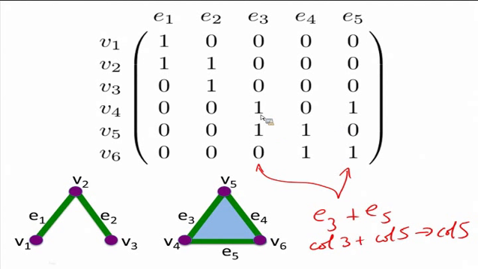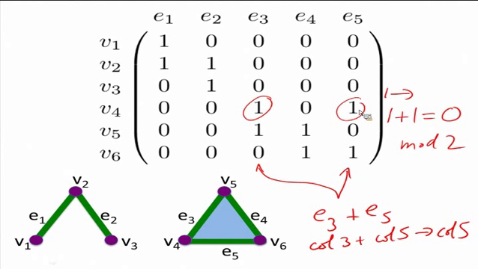When I add 1 plus 1, we all know that 1 plus 1 equals 0 mod 2, so this will be replaced by a 0. When I add 1 plus 1, I'll get a 1, and so when I do column 3 plus column 5 and put it into column 5, I'll get 0, 0, 1.